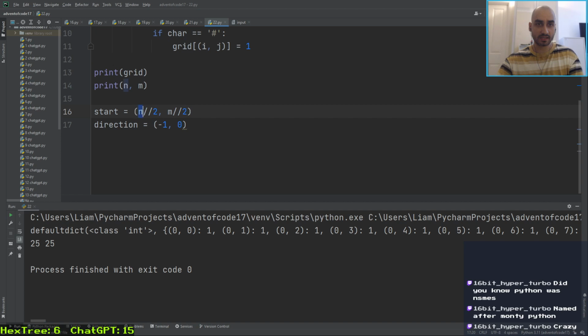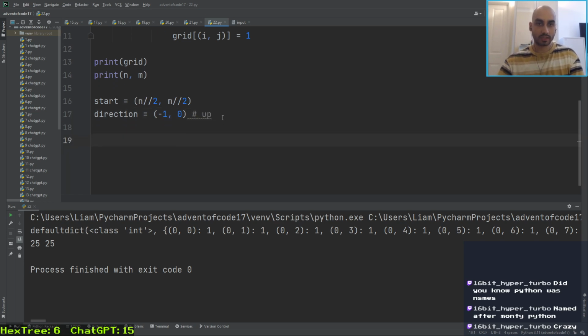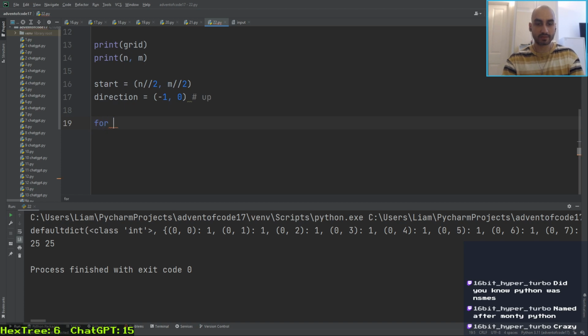Okay, so we're sitting in the middle, facing up, which is -1, 0. And now we just repeat this 10,000 times. So for underscore in range 10,000.